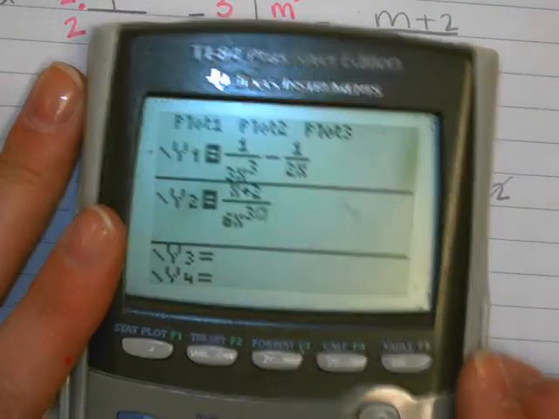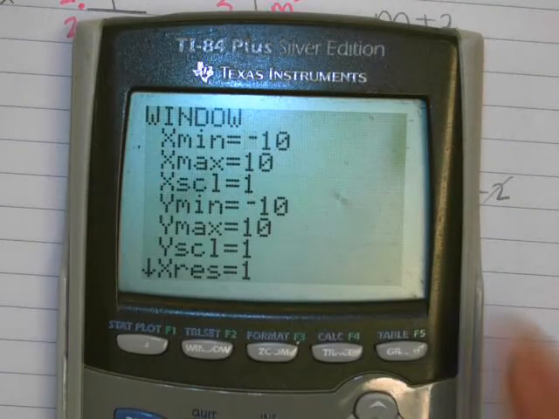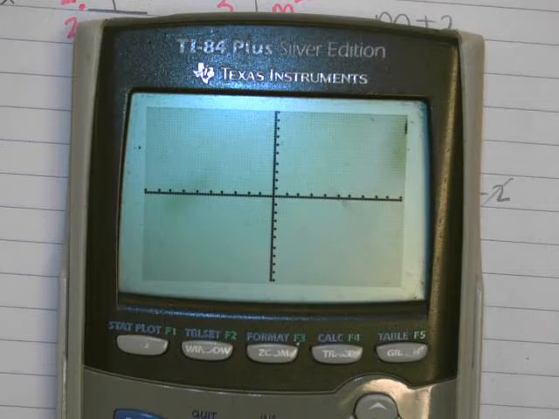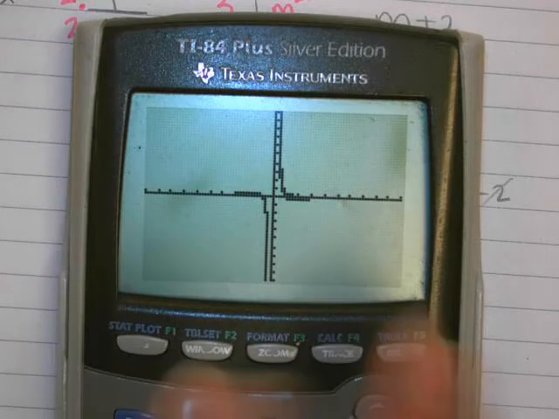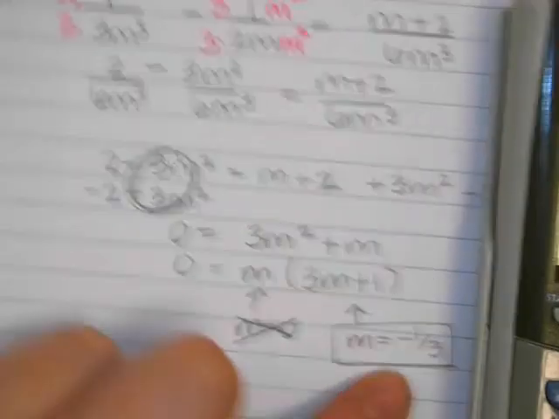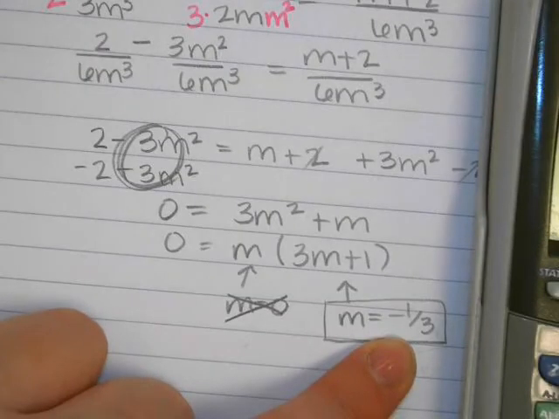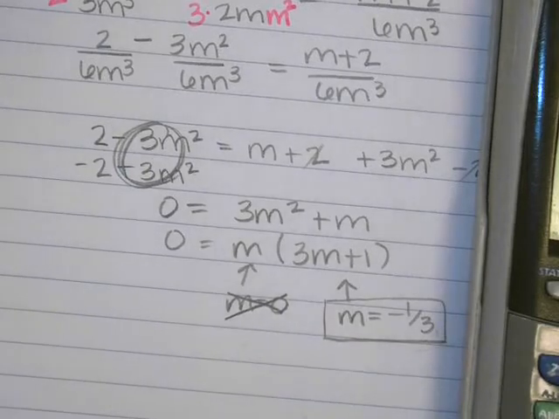So when you're checking the solution to an equation, you just go ahead and graph them. There's the first equation. Now, I can't see a whole lot of what's going on, but I am expecting the answer to be -1/3, and I just need to see where the two graphs cross.